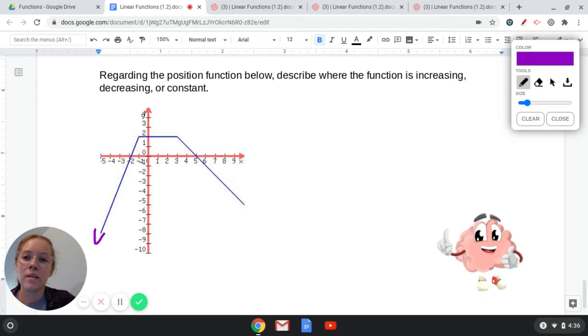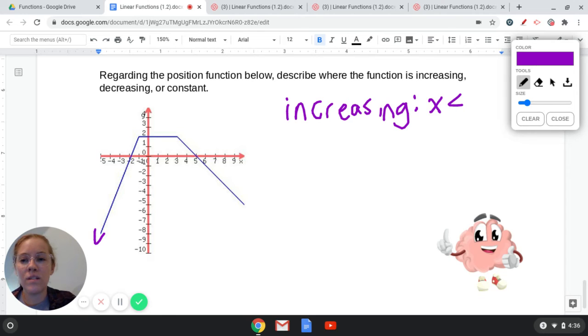So, increasing, I'll just write it out. Increasing when x is less than or equal to, you could argue there aren't any closed circles or open circles on this graph, -1. All right, and then the next one is constant.